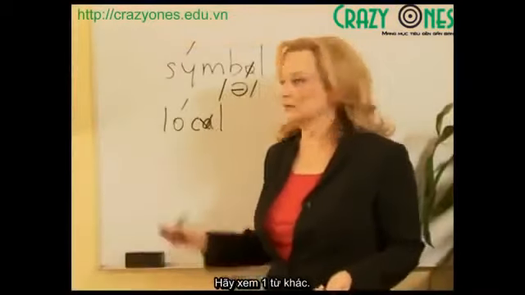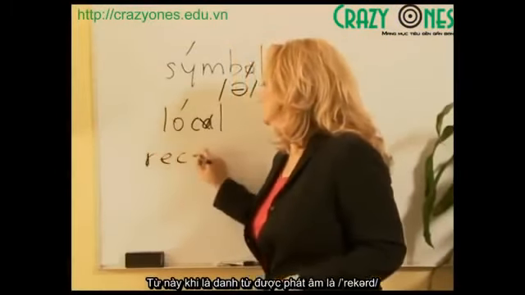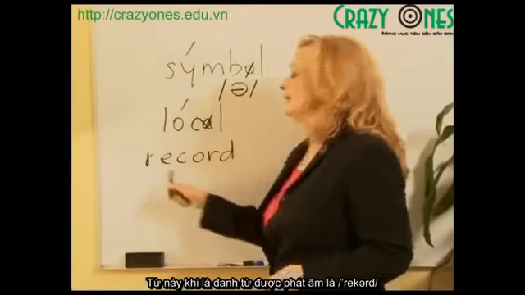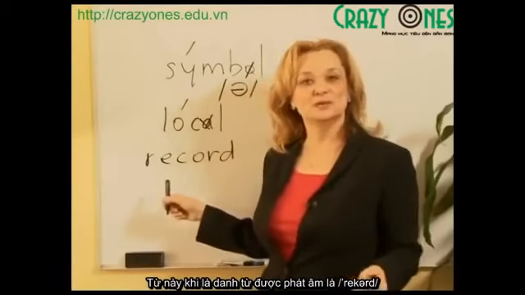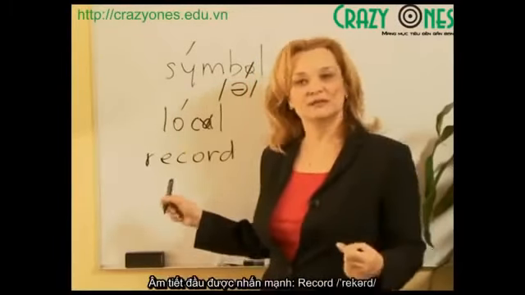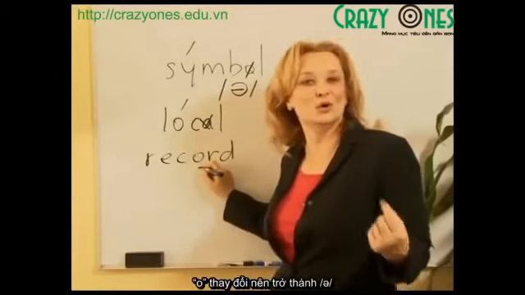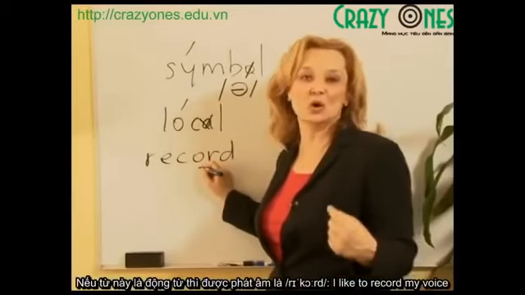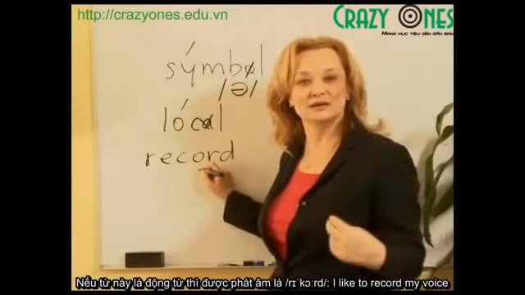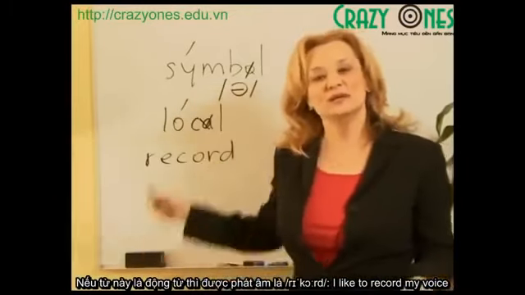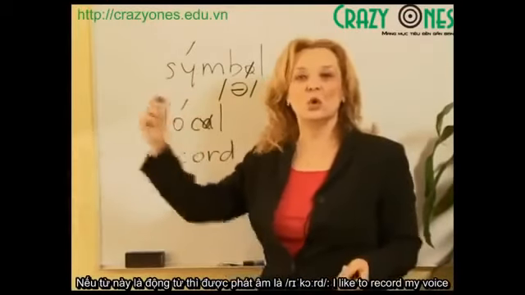Let's look at another word. This word, if it's a noun, it's pronounced as record. The first syllable is stressed. Record. This O changes. So it's not O, it's uh. If it's a verb, this word is pronounced record.